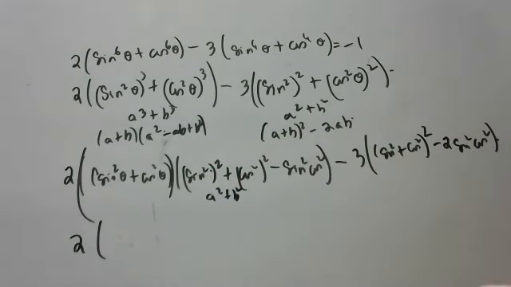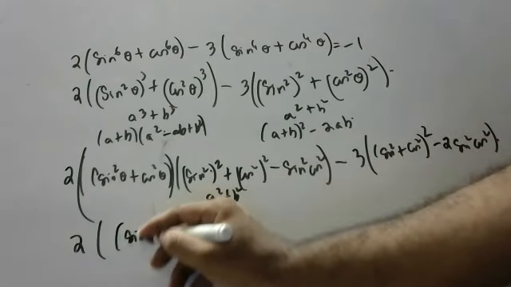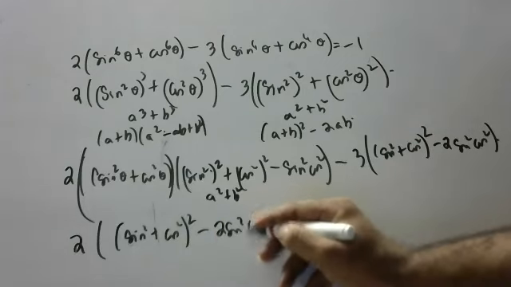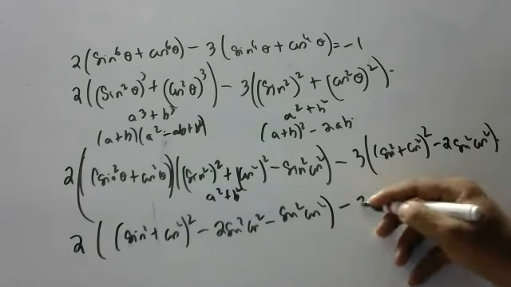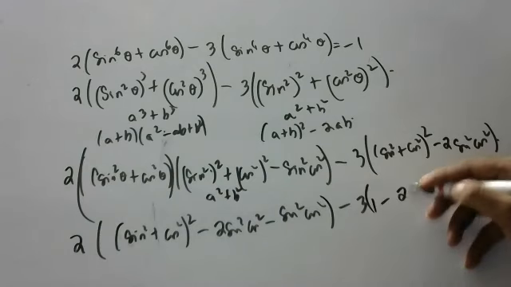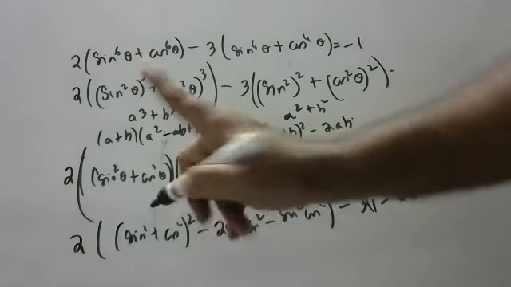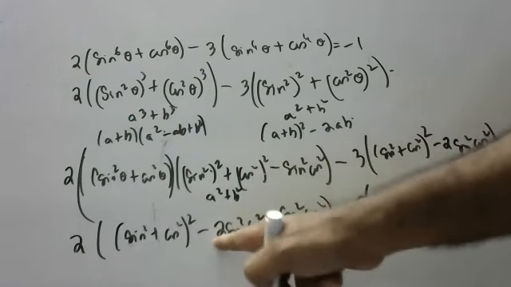A plus B whole square minus 2 sine square cos square. Already minus sine square cos square is there. Minus 3 into, this is 1, children. 1 minus 2 sine square cos square. Slowly I'm saying, this is 1. Forget about that. A square plus B square I wrote as A plus B whole square minus 2AB.